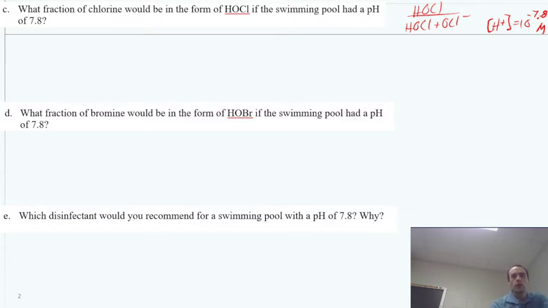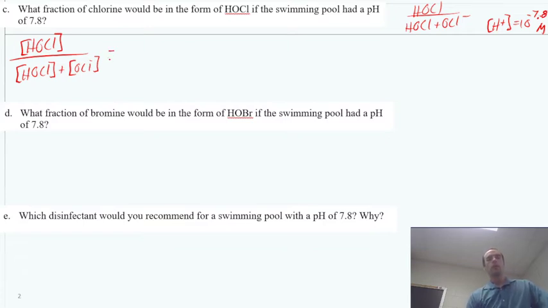And so we can approach the problem by simply looking for a solution to this. We've done it a few times before. Technically, there's a few different routes you can approach it. Ultimately, we can get some relationship between the ratio of HOCl and OCl minus given the pH and the Ka coming from the other equation.